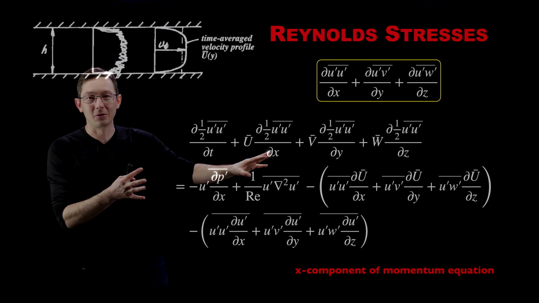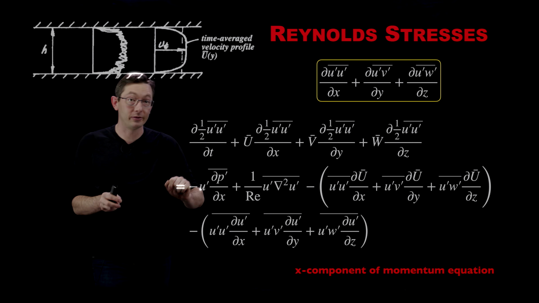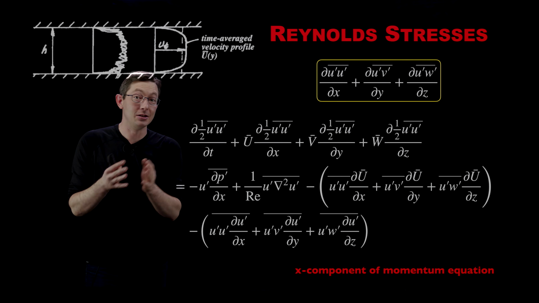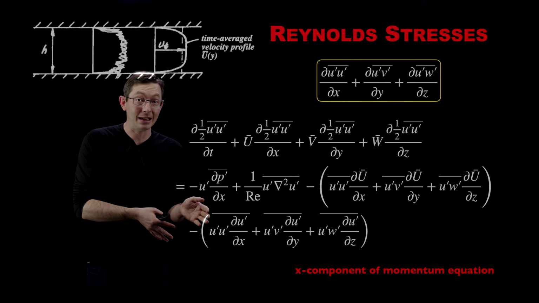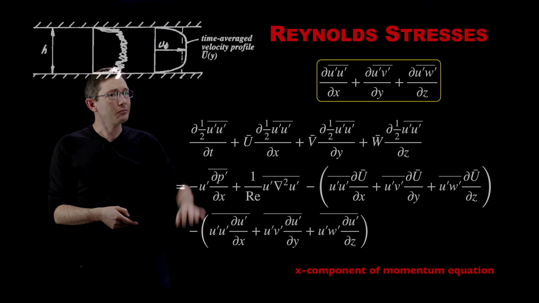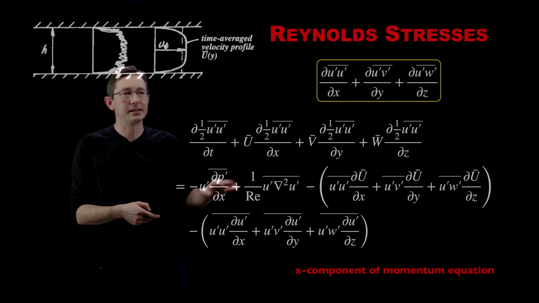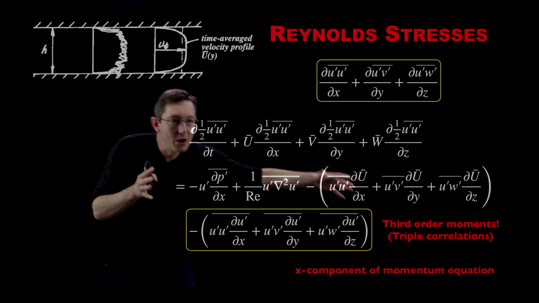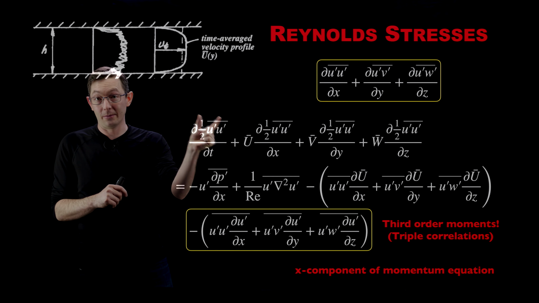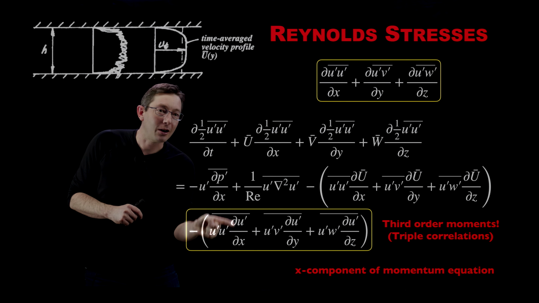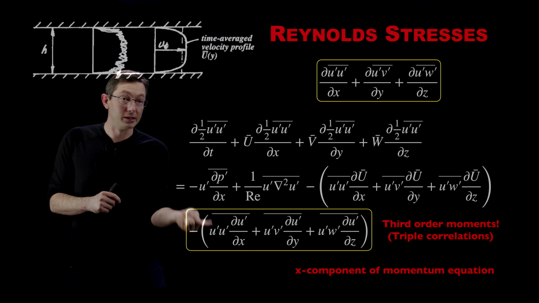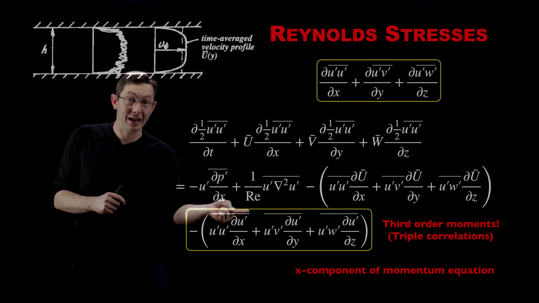So I'm not going to walk you through this. You can derive this yourself, or even better, go download Lex Smith's notes from Princeton MAE 553, and you can walk through exactly how this works. But again, a lot of these terms are going to simplify, and notice that for these u prime Reynolds stress terms, now I have terms that include 3 fluctuating components, u prime, and u prime sub x.